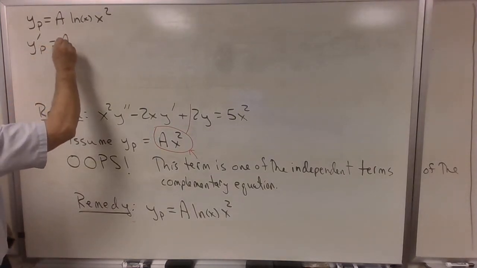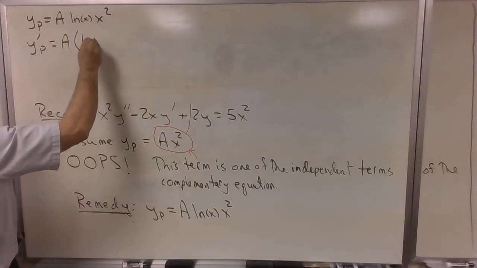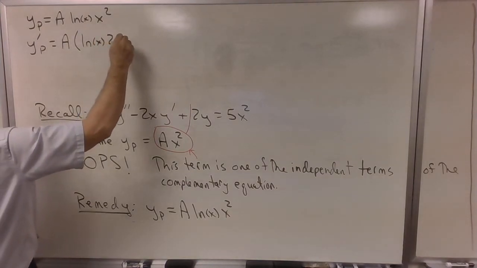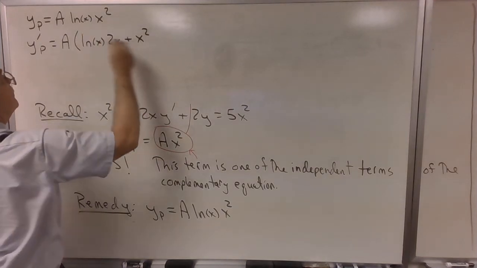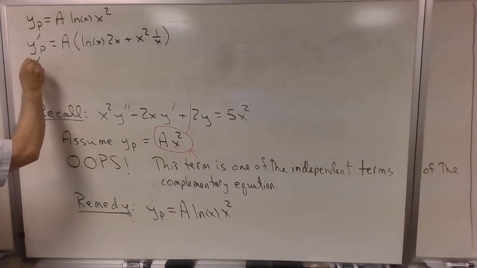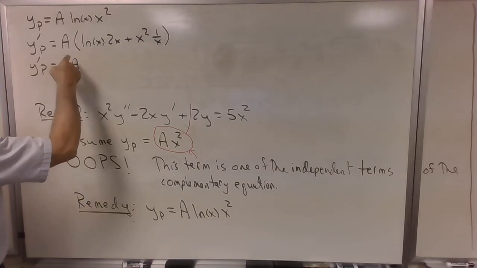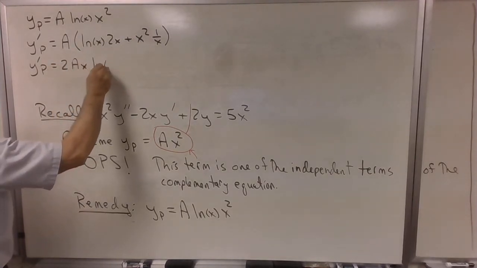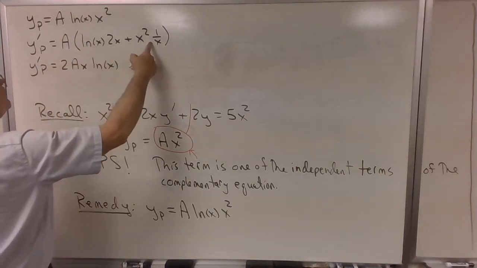So we're going to have a, and then we're going to have first times derivative of the second plus second times derivative of the first: a times 2x natural log of x and a times x.